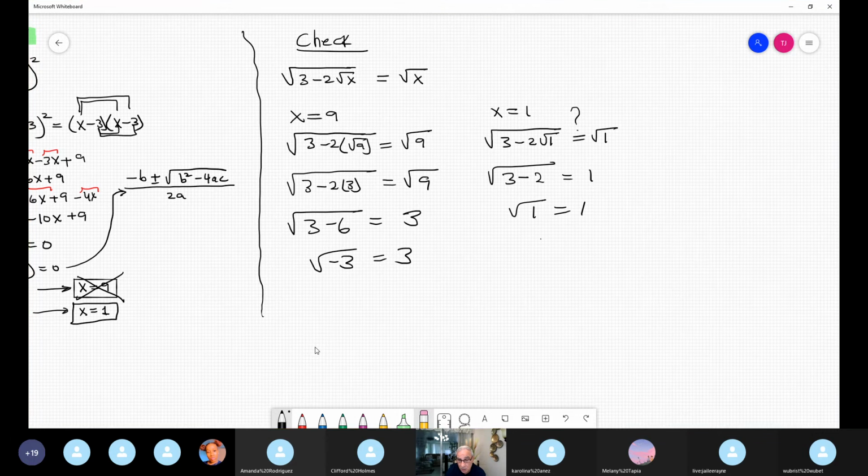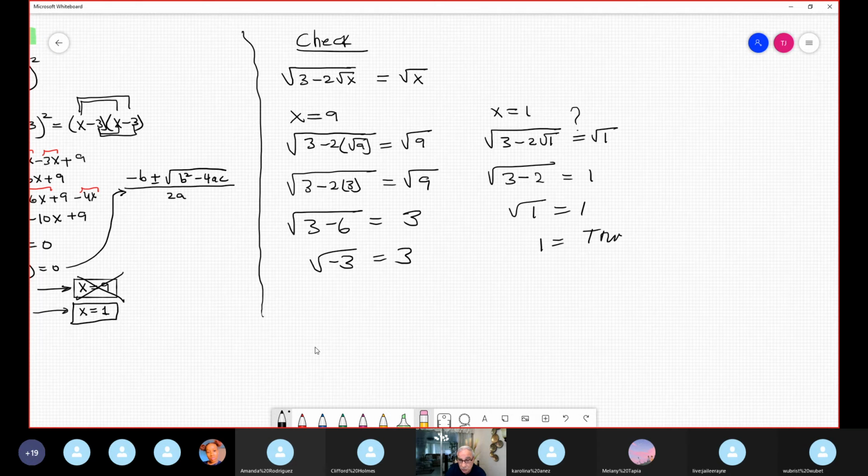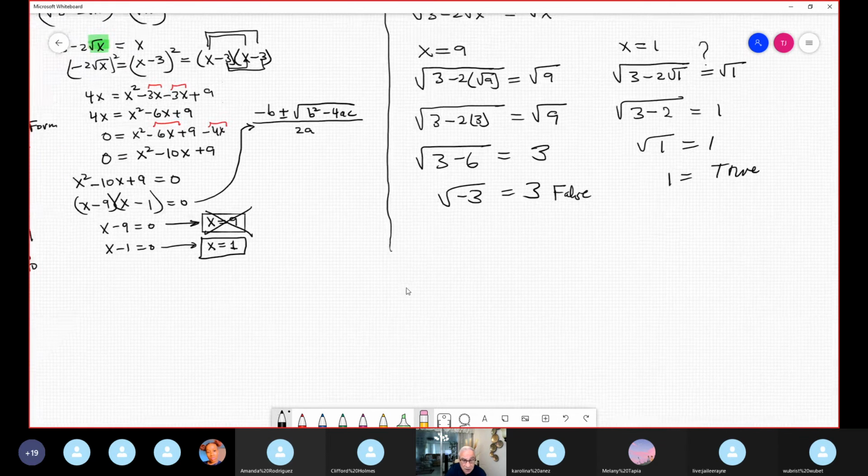And radical 1 is 1, 1 equal 1. This is completely true. That was completely false. That is a reason que I discard the solution, but no, 1 is a super good solution. Okay, entonces the conclusion is que the solution set of this equation is just one number que es 1. End the story.